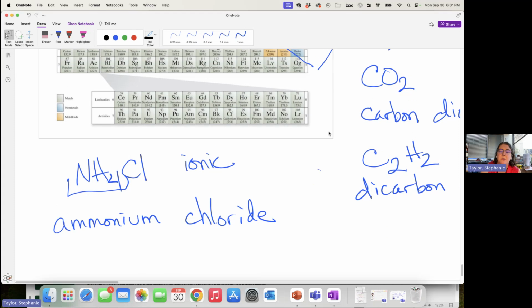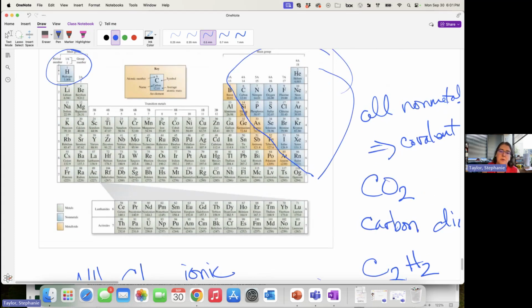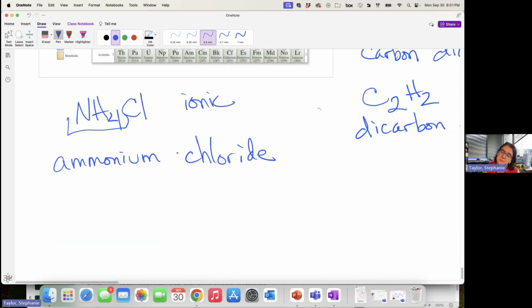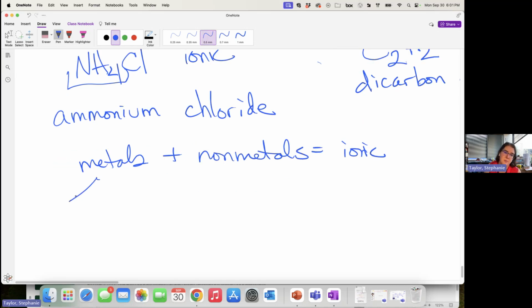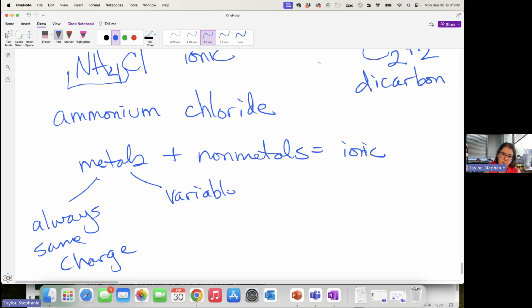Then people were asking about Roman numerals and not Roman numerals. So ionic compounds are metals and nonmetals, again, unless it's ammonium. Those are ionic. And you've got two types of metals. You have metals that always have the same charge, or you have ones that have variable charges.